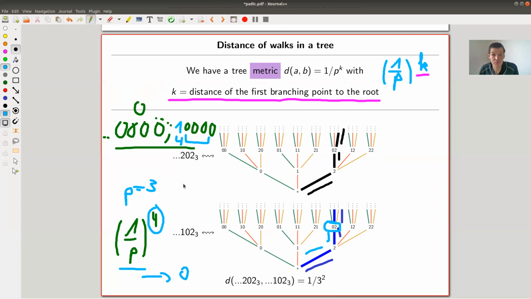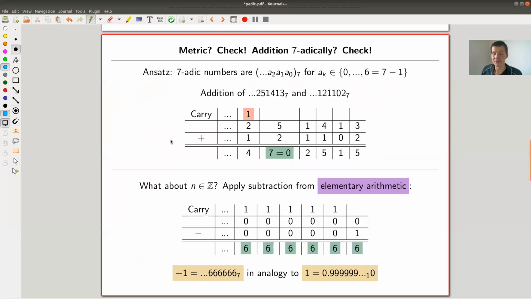With a metric, you define topologies, you might want to define some version of analysis and so on. But what is still a little bit missing is, why do I actually call them integers or numbers? There is no addition or multiplication that is visibly obvious from this picture, but there is actually one.